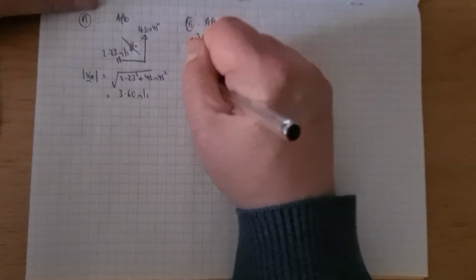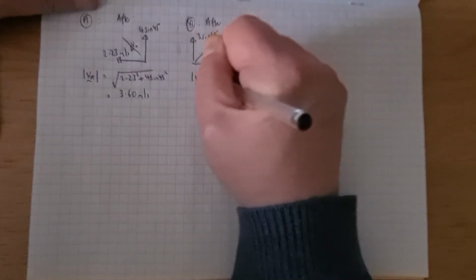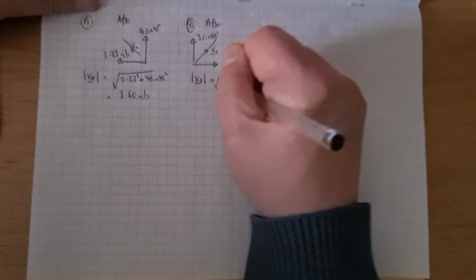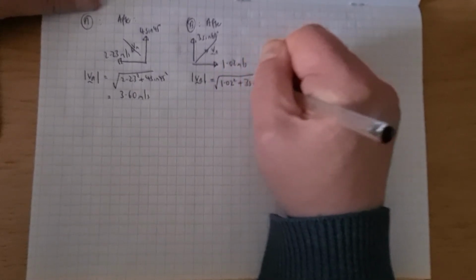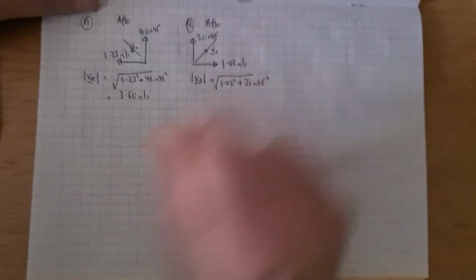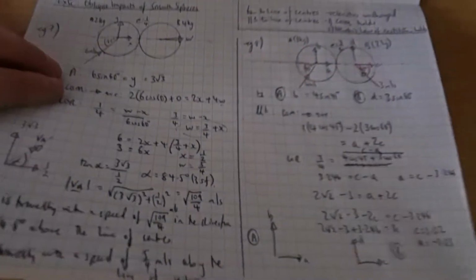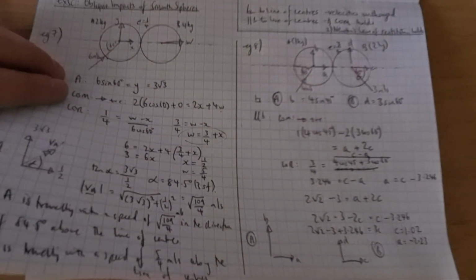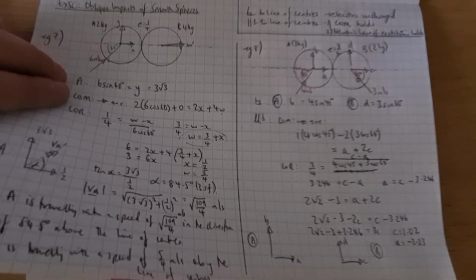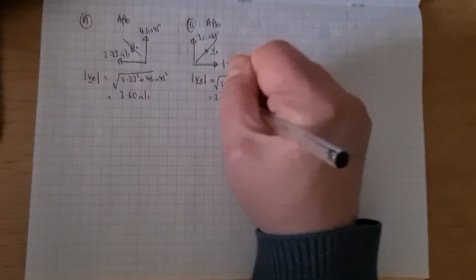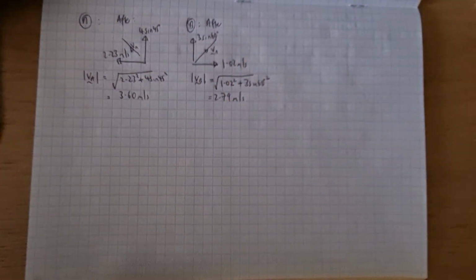And if we find the speed of B, that's going to be the square root of 1.02 squared plus 3 sine 60 squared, and I've worked that out, sorry, I've just got my notes on the previous page, to be 2.79 meters per second.